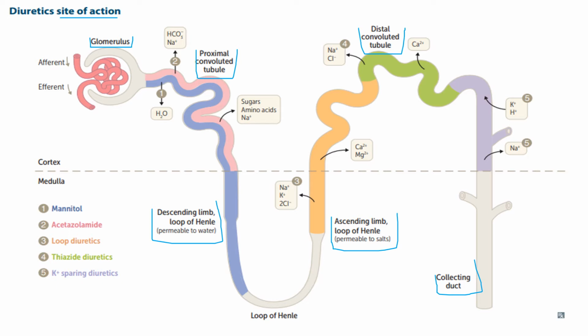From the collecting duct, the collecting system of the urinary system starts, so diuretics have no main effect on it. So this is the collecting tubules.